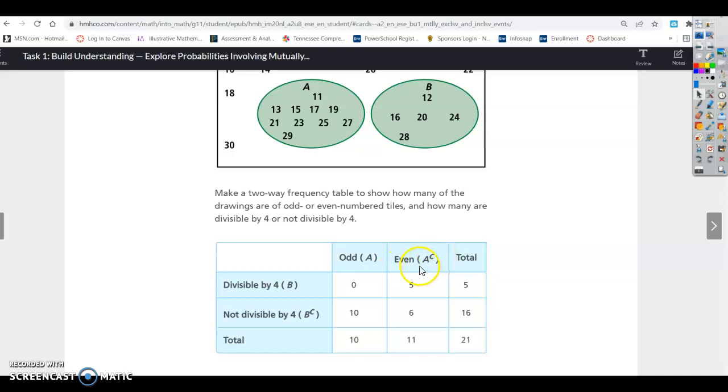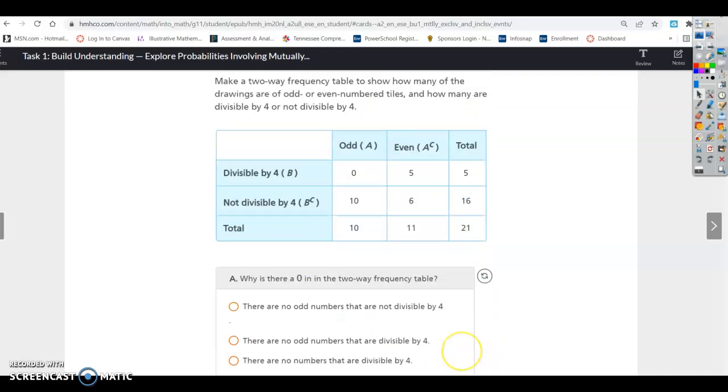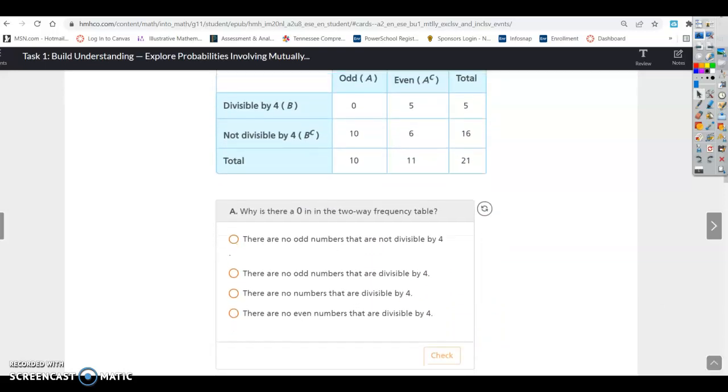So your even numbers are considered the complement of event A. Then we have divisible by 4, which is our B event, or not divisible by 4, which is B complement, the complement of B. Then you can see the table here, and there are 21 total events.